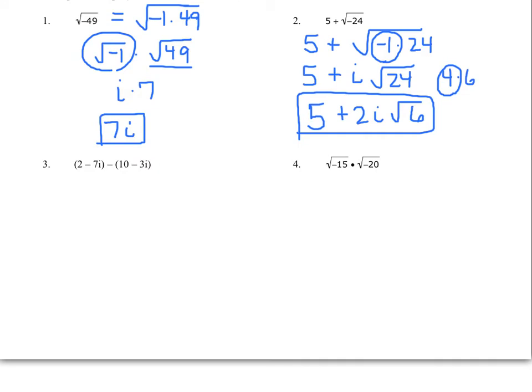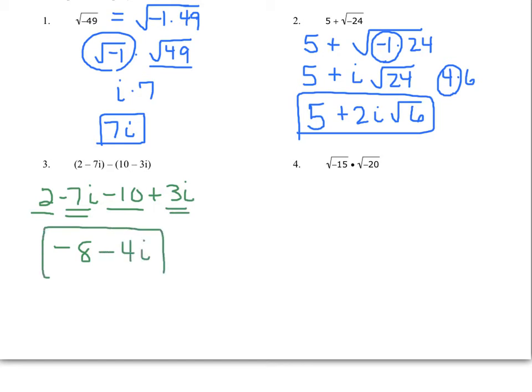So we can rewrite this one as 2 minus 7i minus 10 plus 3i. The negative sign is simply distributed through the second complex number, and we combine the real parts, giving us a negative 8, and we combine the imaginary parts, leaving us with a negative 4i. And you're finished.